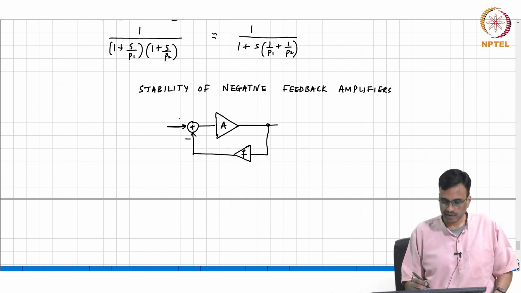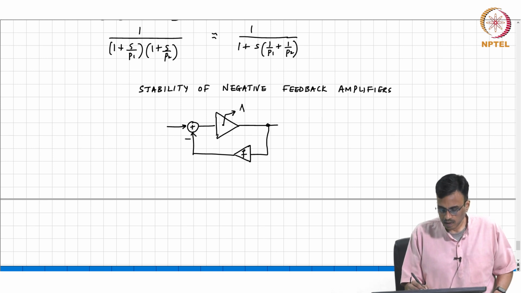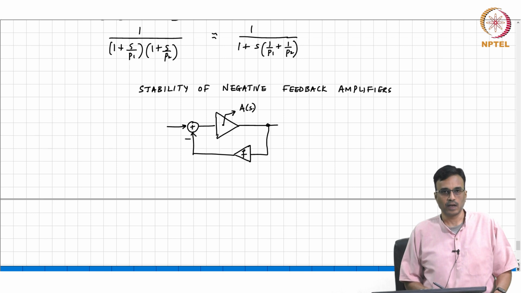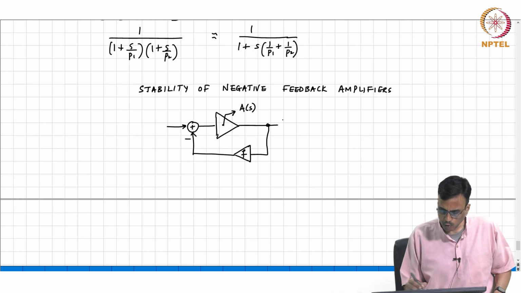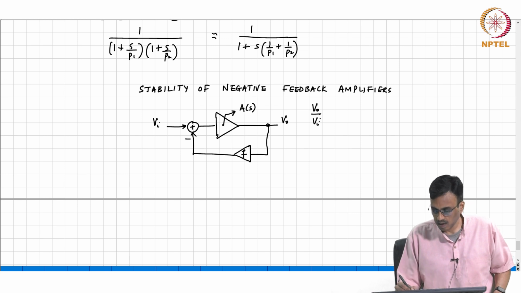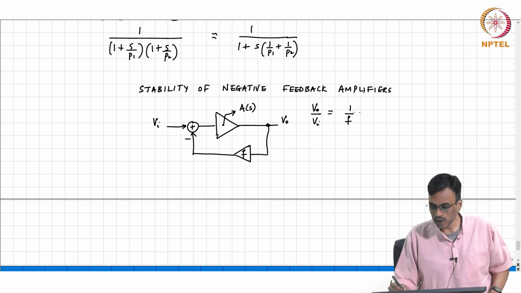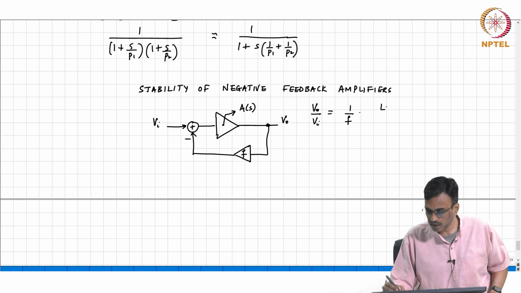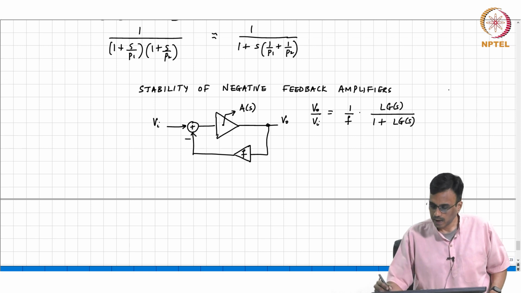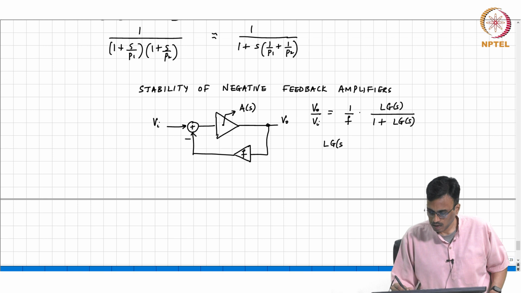So now we understand that this is not just a frequency independent gain, this is a frequency dependent gain A of S, and the closed loop gain VO by VI is nothing but 1 over F times loop gain over 1 plus loop gain. This loop gain is now a function of S, and is simply nothing but A of S times F.